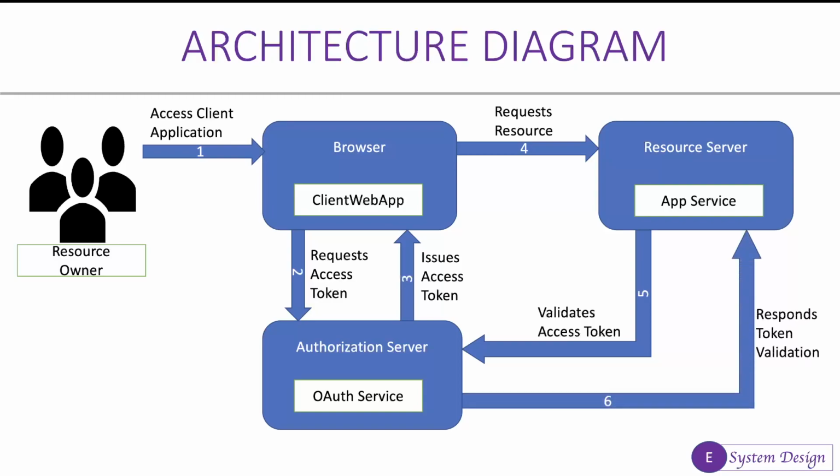Then the authorization server responds to the token validation, verifying whether the token is valid or not. If the token is valid, the resource server returns all the requested resources to the client. In the last step, the browser renders the result back to the user. So this is how the OAuth 2.0 flow works from the resource owner to the resource server.